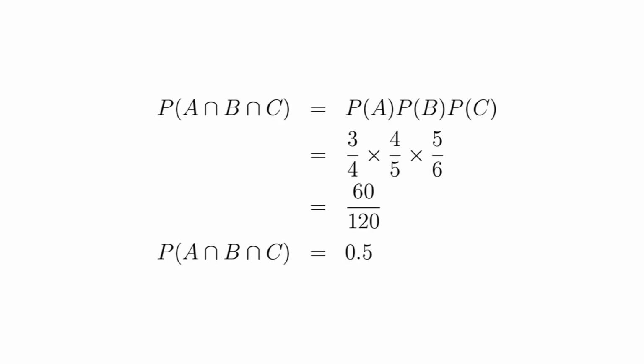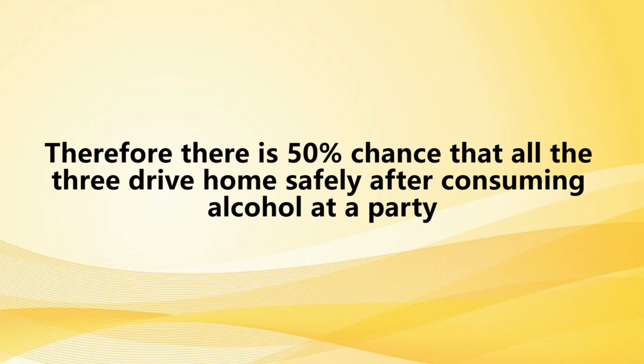That is, probability of A intersection B intersection C is equal to probability of A into probability of B into probability of C, which is equal to 3 by 4 into 4 by 5 into 5 by 6, which is equal to 60 by 120, which is equal to 0.5. Therefore, there is 50% chance that all the 3 drive home safely after consuming alcohol.